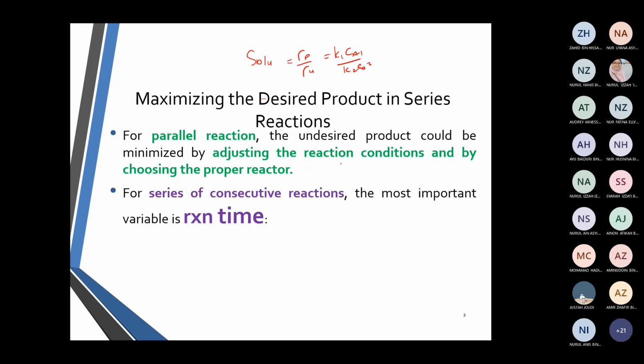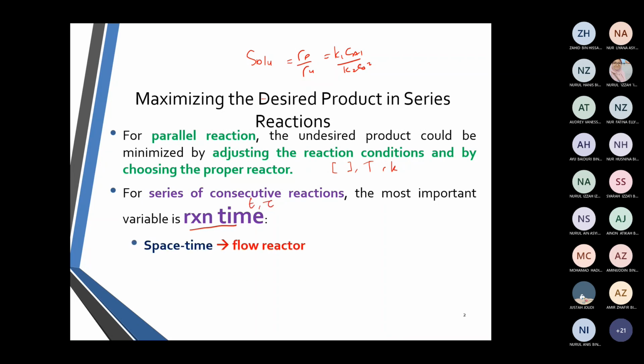Remember sebelum ni kita tengok pada concentration, temperature, macam mana nak tengok selectivity. That one is parallel. But for series, of a consecutive reaction, the most important variable is reaction time. Sebelum ni adalah concentration and T, dan juga pada K. Tapi kat sini dia tengok pada time, ataupun kita panggil tau.